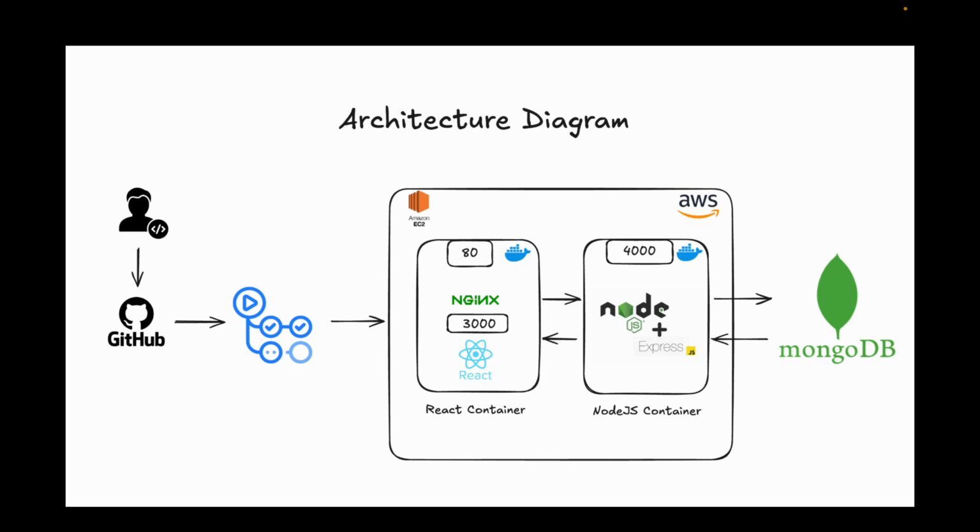Okay, so we can see here this is a React container and this is a Node.js container. This is running on port 3000 and it's served by Nginx on port 80, and this is the backend Node.js with Express and MongoDB running on port 4000, and it will be part of the AWS EC2.